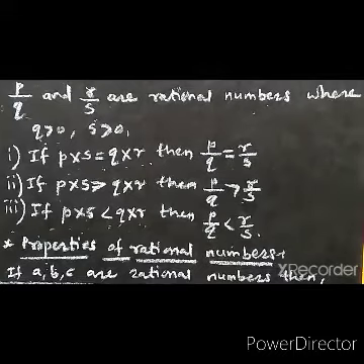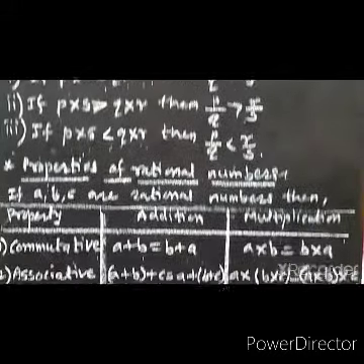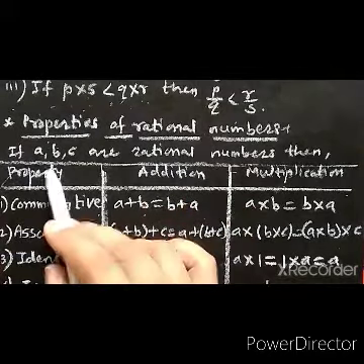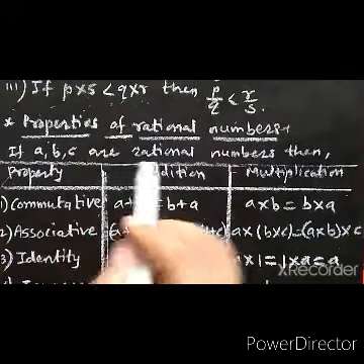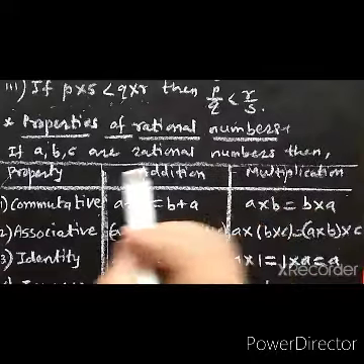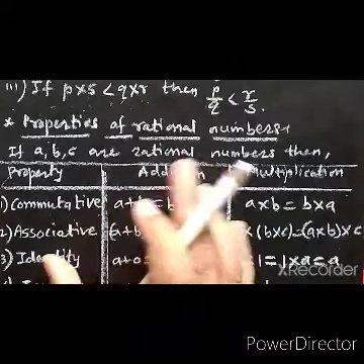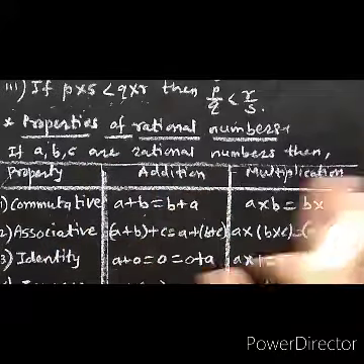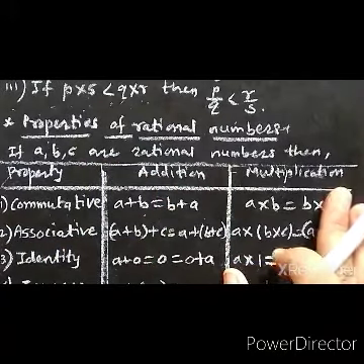So let us see the next point, properties of rational numbers. If A, B, C are rational numbers, then let us see the properties. We have to make 3 columns. In the first column property, second column addition, third column multiplication.